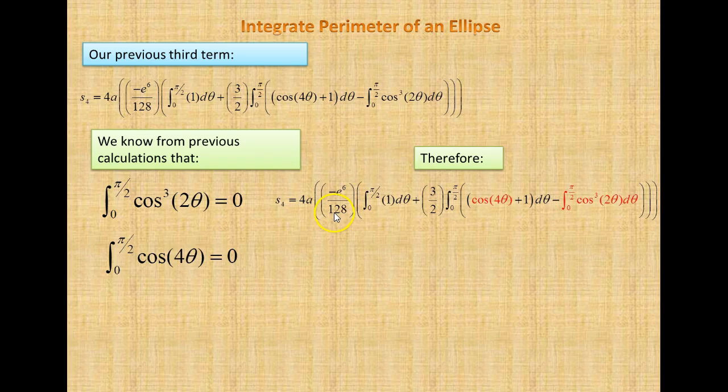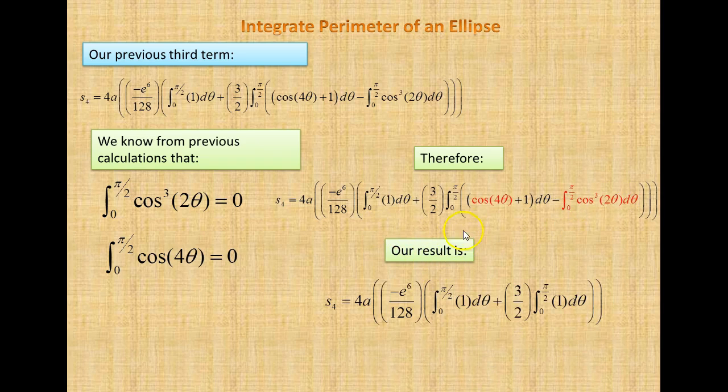So therefore, we have the total integral from 0 to pi over 2 of 1, d theta, plus 3/2 times the integral from 0 to pi over 2 of cosine 4 theta, which is 0, plus 1, d theta, minus the integral from 0 to pi over 2 of cosine cubed 2 theta d theta.